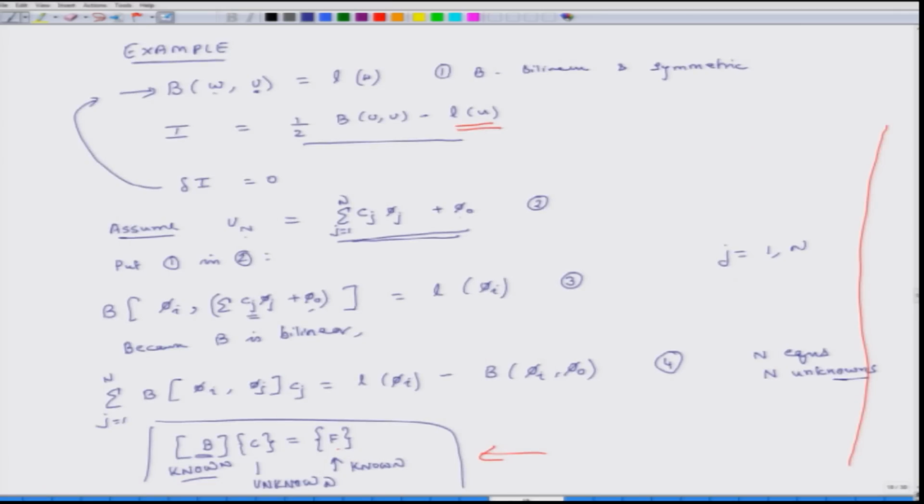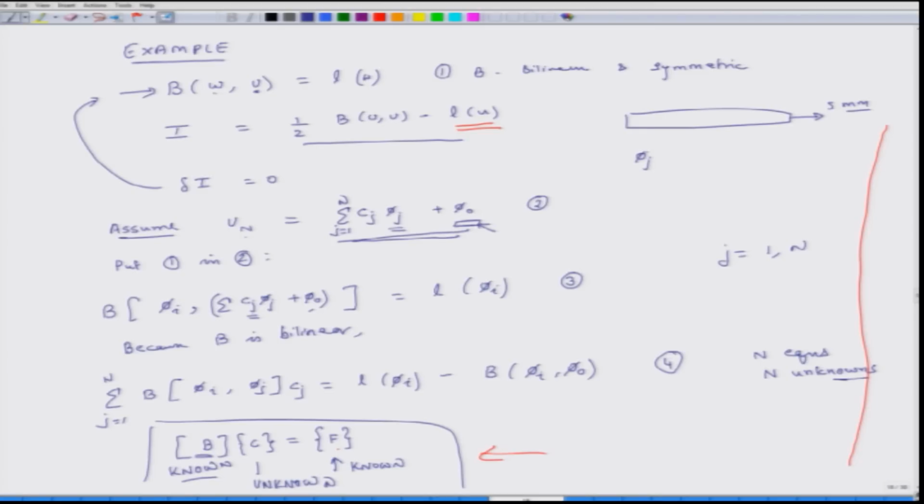The other thing is that I also had this phi 0 term. Suppose you have a bar and there is a displacement of 5 millimeters at one end.